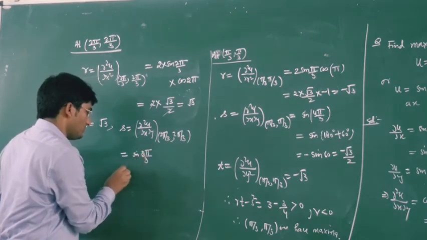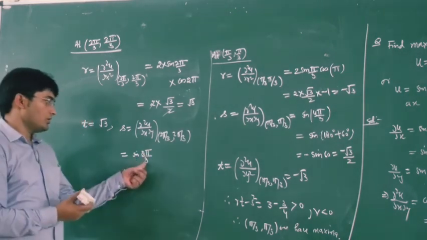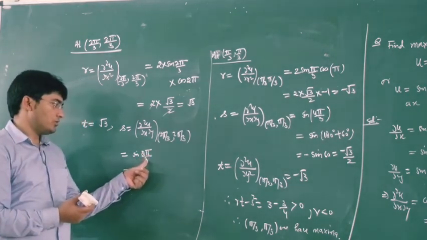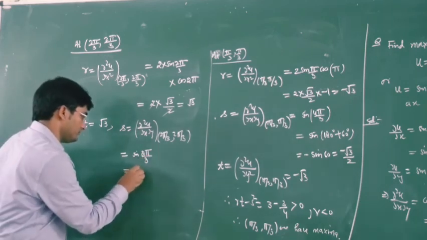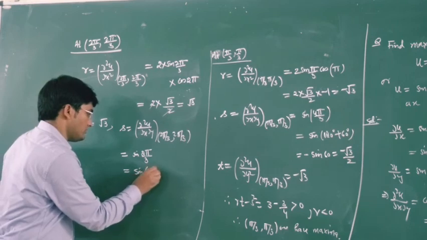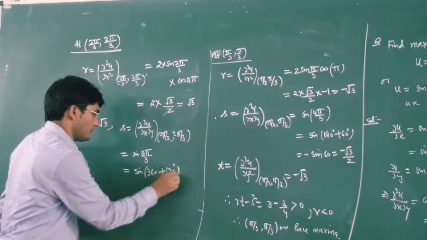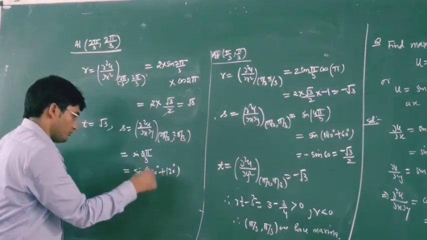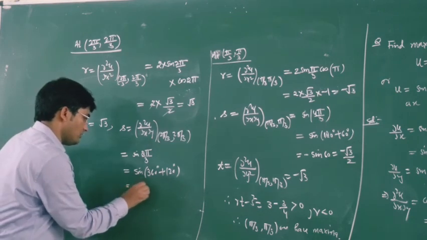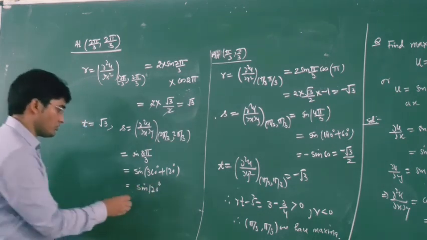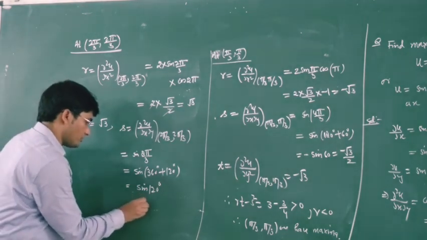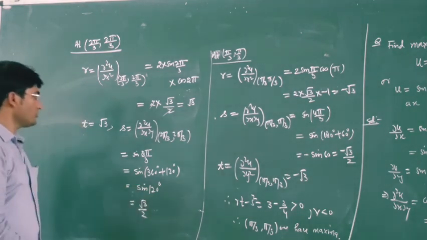So 8 pi by 3 means sin 480 degree, and sin 480 degree means 360 plus 120 degree. So 360 plus theta is sin theta, and again sin 120 is sin 90 plus 30 degree, which is cos 30. Cos 30 is root 3 by 2. So this is root 3 by 2.